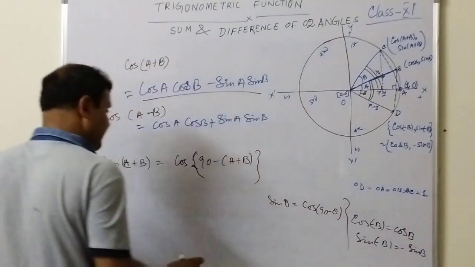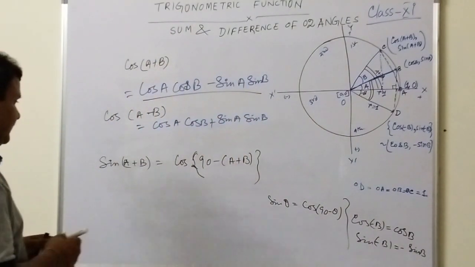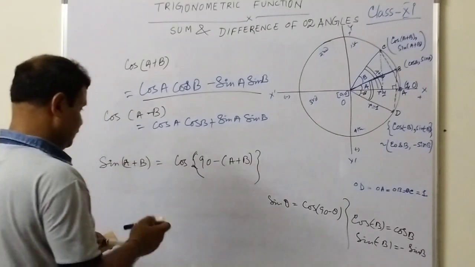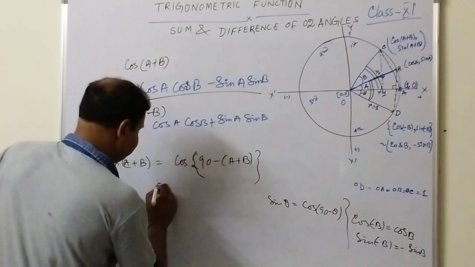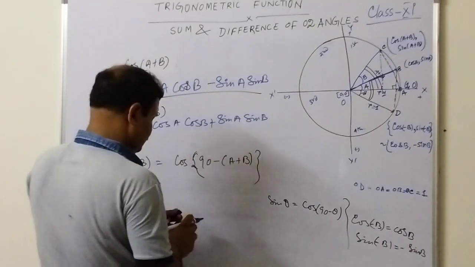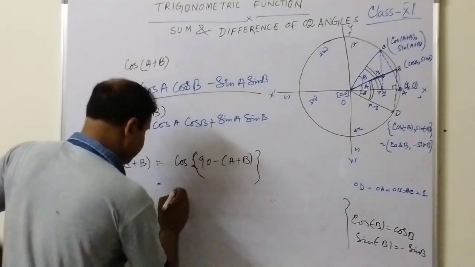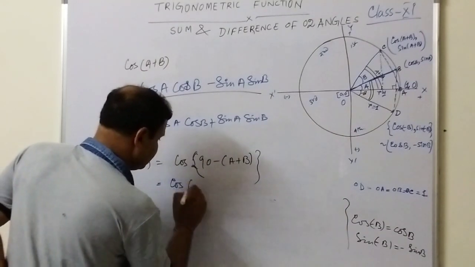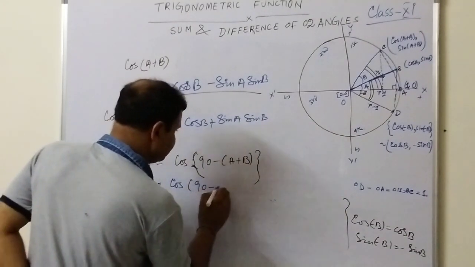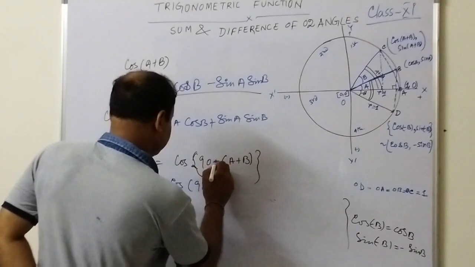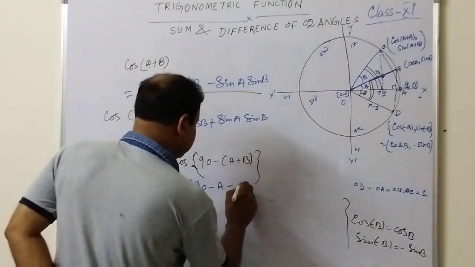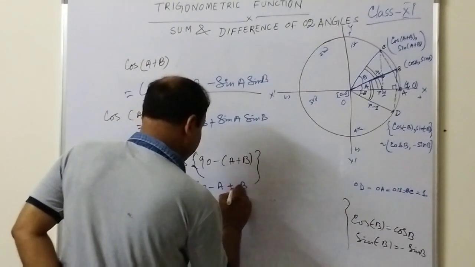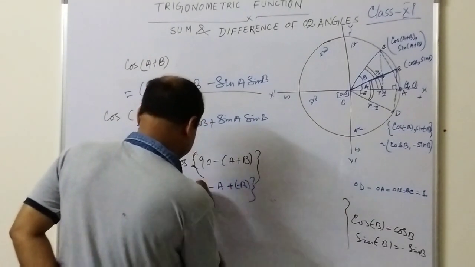If you forget, you can refresh with our earlier video on trigonometric functions. So from this we can rearrange: cos 90 minus A, and minus B, or you can write it like this, minus B.